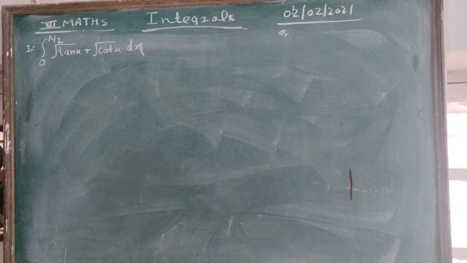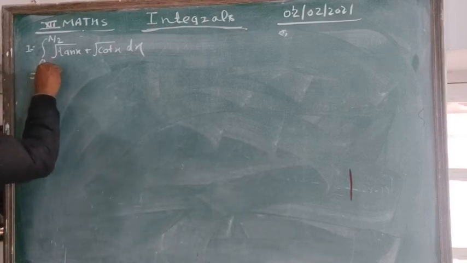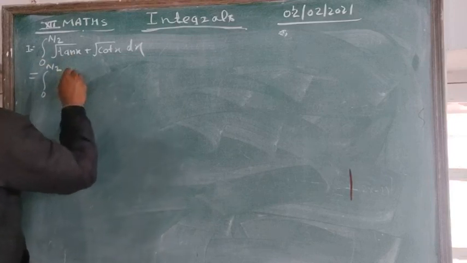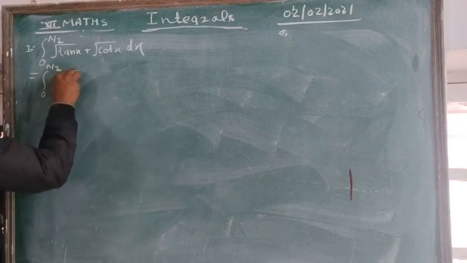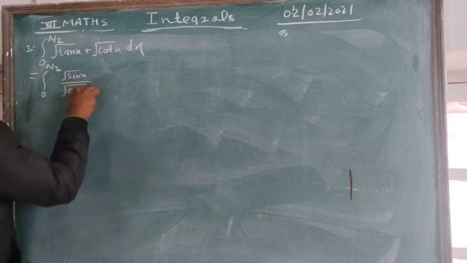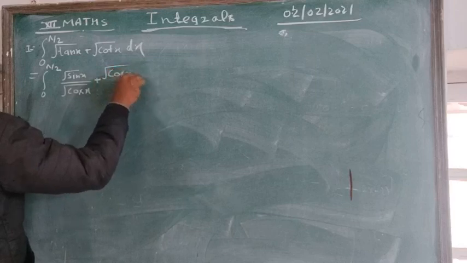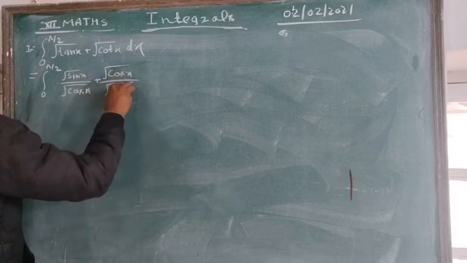For solving it, we will first change this into sine and cos. So we get root sin x by root cos x plus root cos x by root sin x.